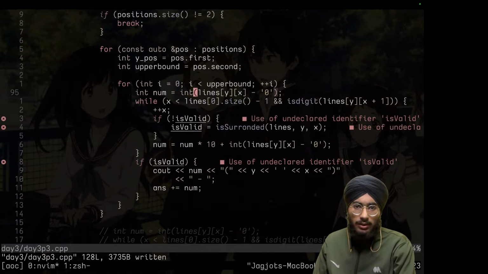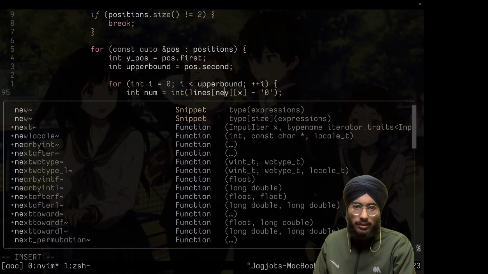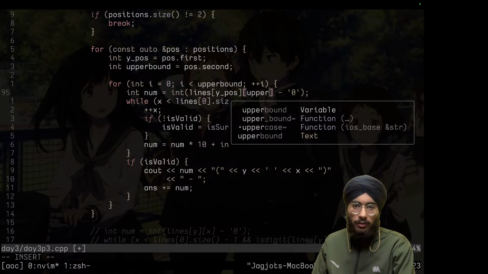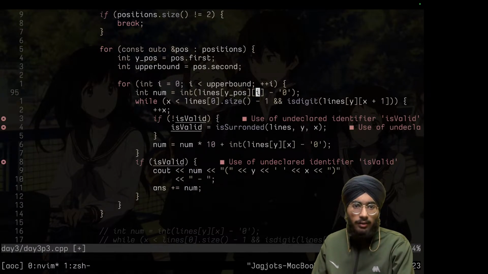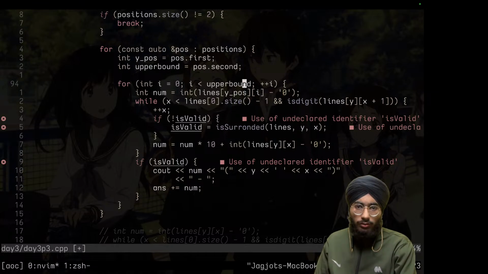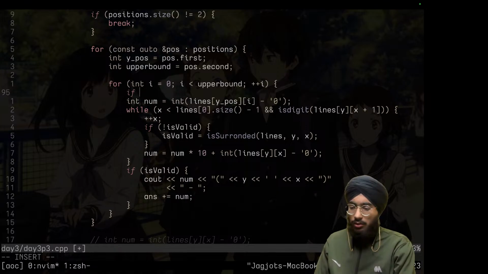Okay. Num is lines y position I minus 0. Oh, forgot to do that.